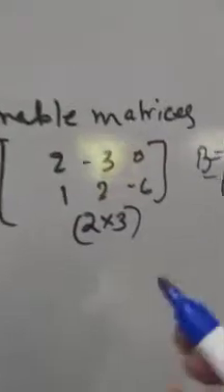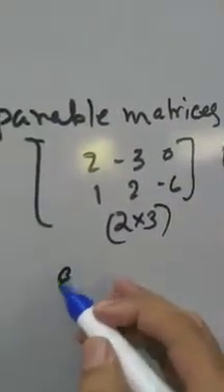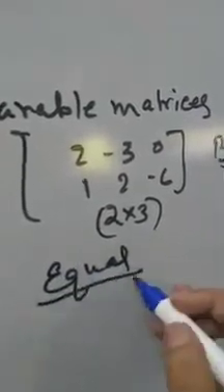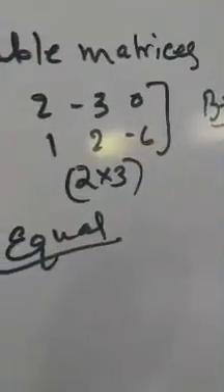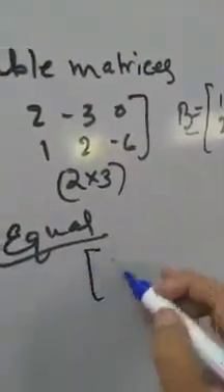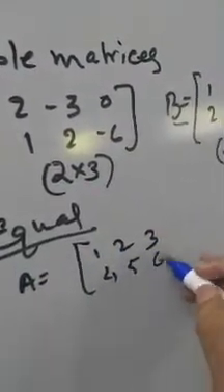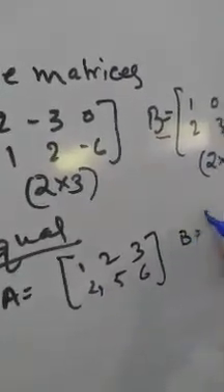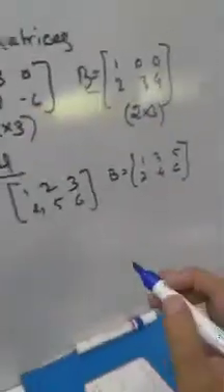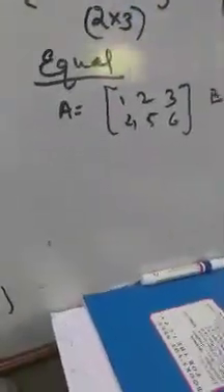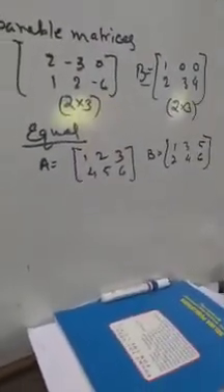Then if two matrices are of the same order, meaning they are comparable, and their corresponding elements are equal, then it is called an equal matrix. Suppose I write A is equal to 1 2 3 4 5 6 and B is equal to 1 2 3 4 5 6, but in a different order.